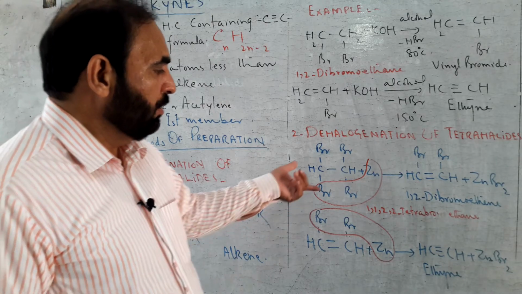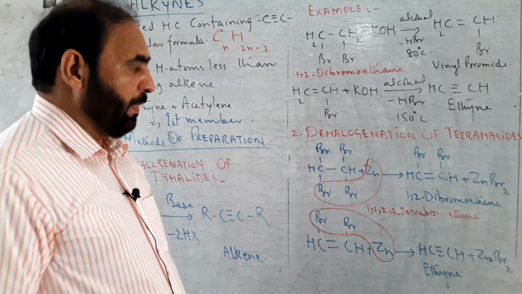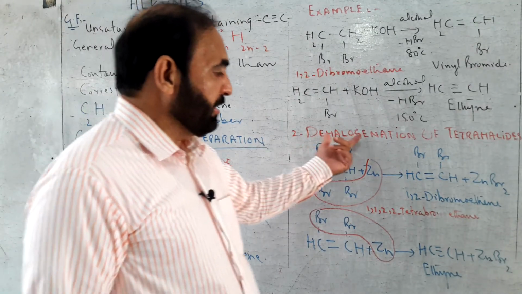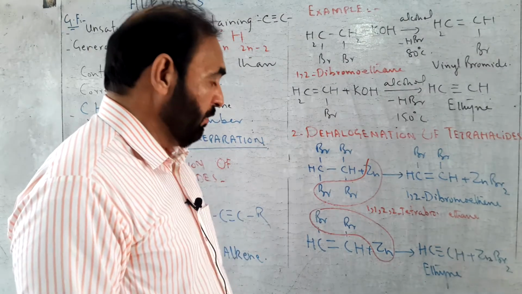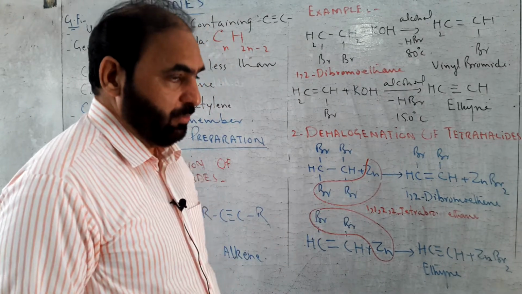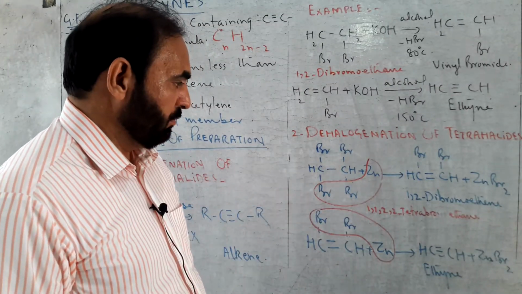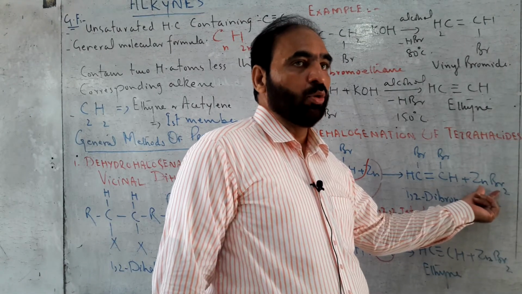For dehalogenation, we use active metals like zinc, magnesium. Zinc takes two bromine atoms, one from each carbon, along with it, and is changed or oxidized to zinc bromide.